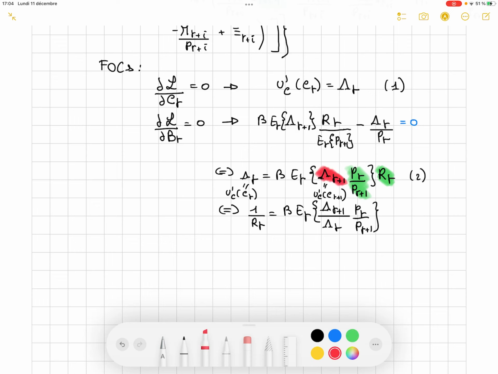And of course, this is multiplied by the marginal utility of consumption at the next period, because you consume it at the next period. And it's multiplied by a beta term to take into account that you prefer to consume today if you have the choice.